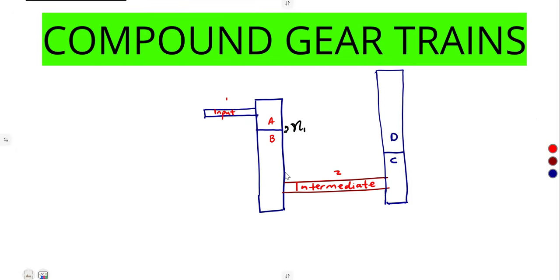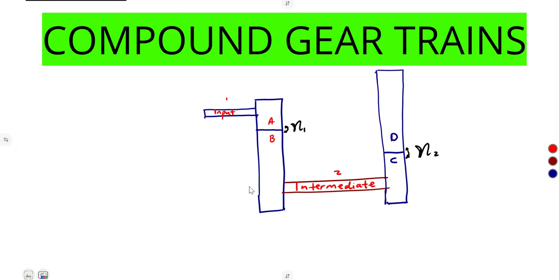If there is efficiency, it will be taken as the efficiency between gears A and B. The second efficiency will be taken between gears C and D. So that's a basic view of what we have.